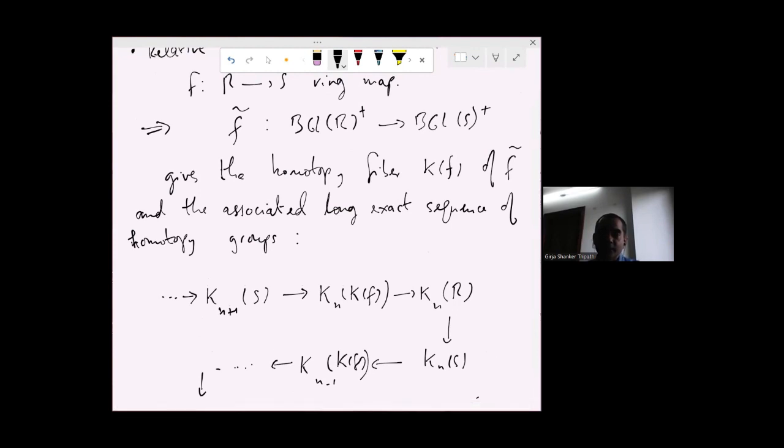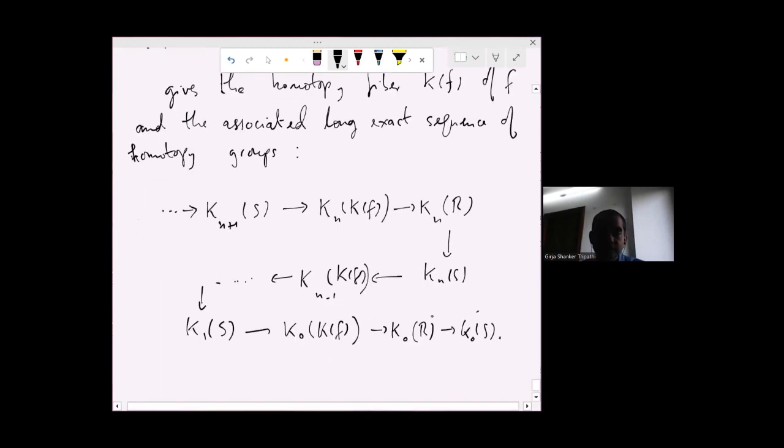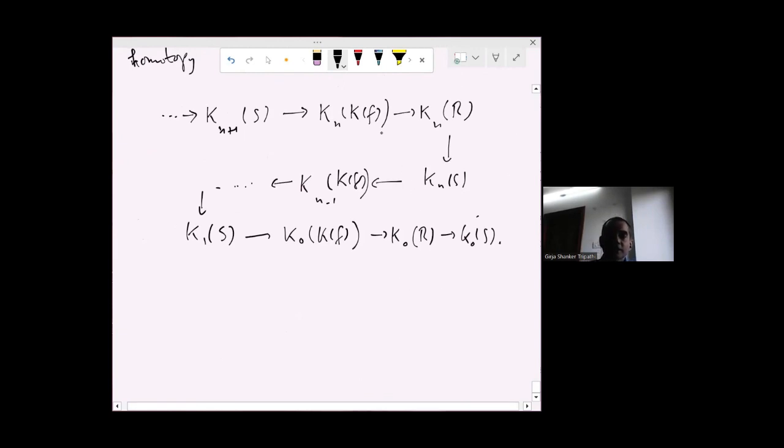And one of the points here is that these groups actually coincide with relative K groups that have been defined before.